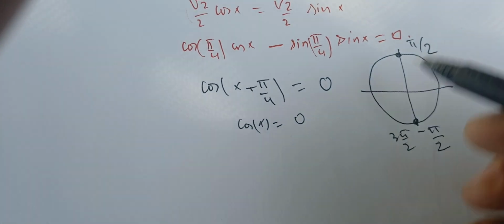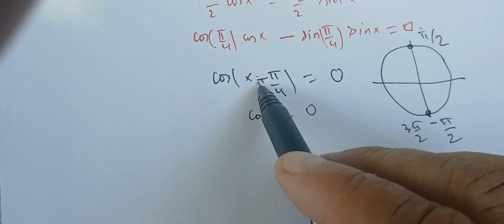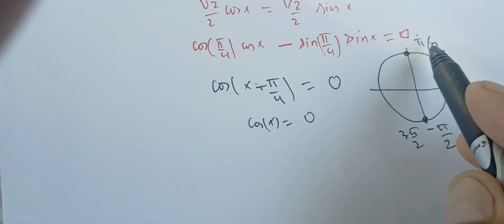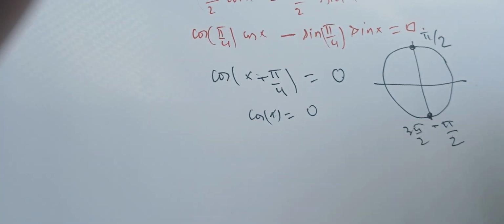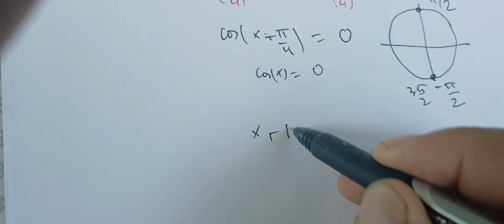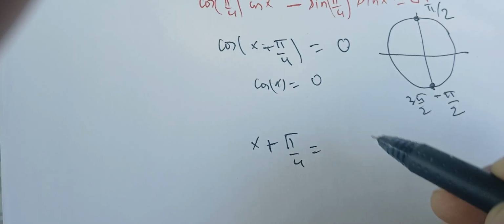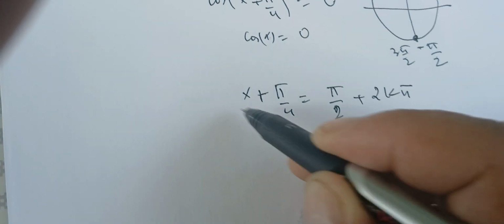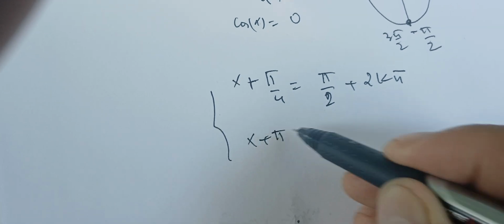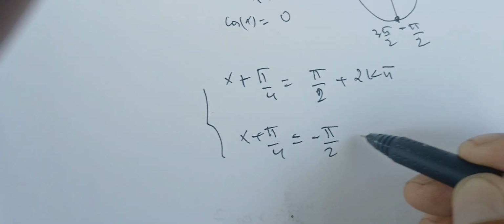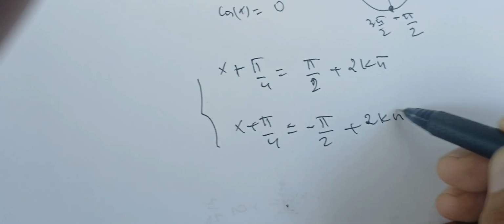Therefore, the cosine is 0 if this angle, x plus pi over 4 in this case, is equal to this one or minus this one. So that means x plus pi over 4 is equal to pi over 2 plus 2k pi, or x plus pi over 4 is equal to minus pi over 2 plus 2k pi.